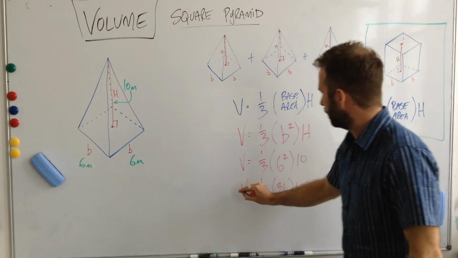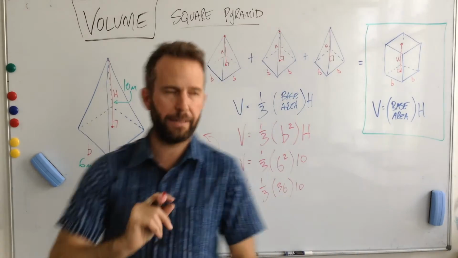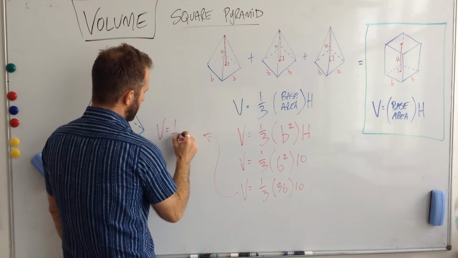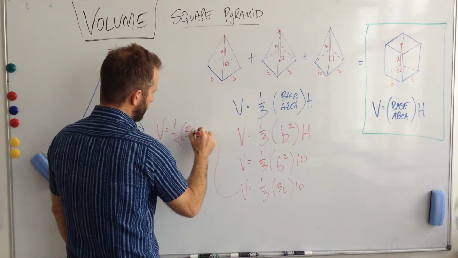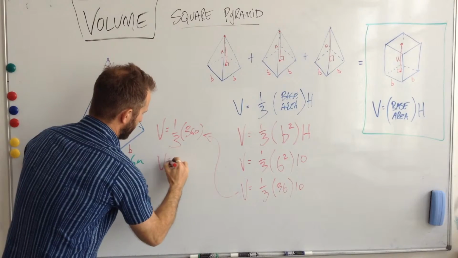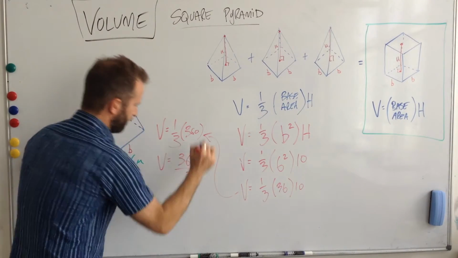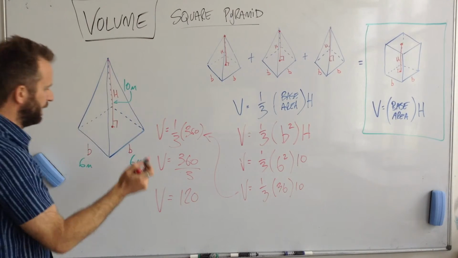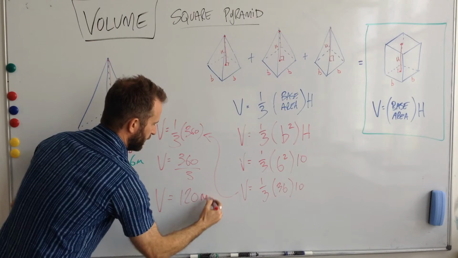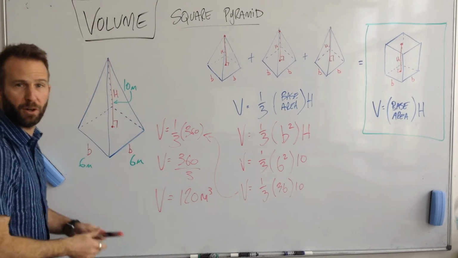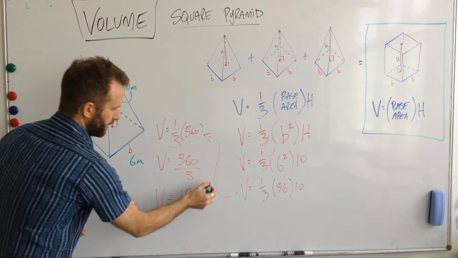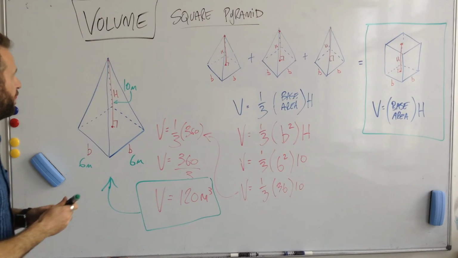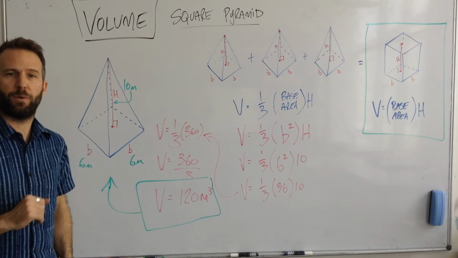So I've got 36 multiplied by 10, so the volume is going to be 1/3 of 360, so I can write that as 360 divided by 3, and I find out that the volume is going to be 120. The units are meters, and of course it's cubed, as all of our volume calculations have been on prisms up till now. So, there we are, overall volume of this square pyramid, 120 meters cubed.